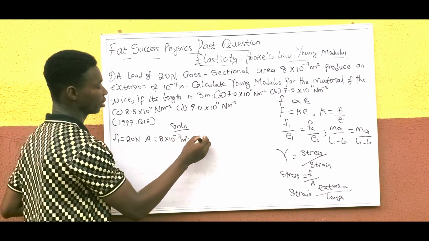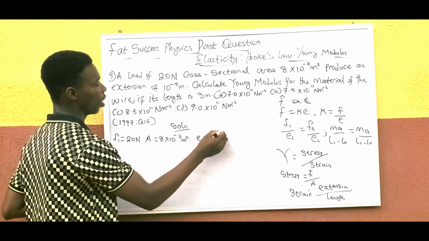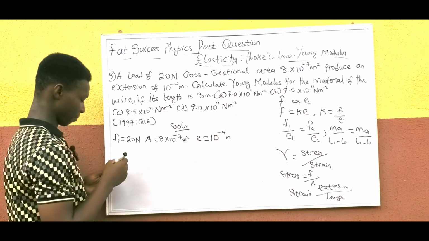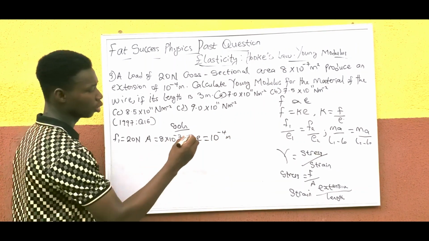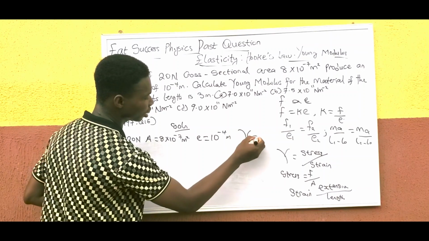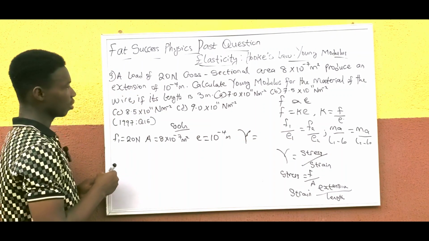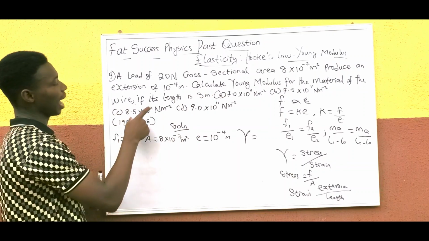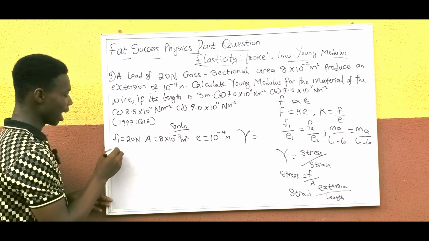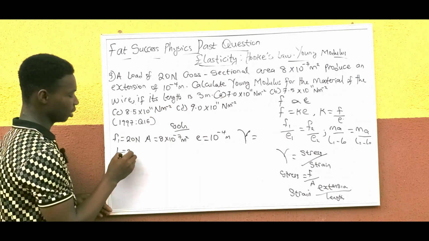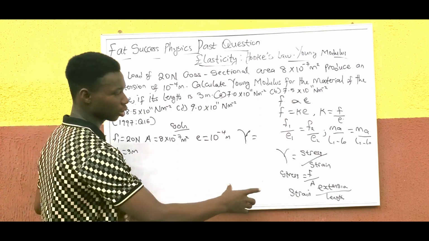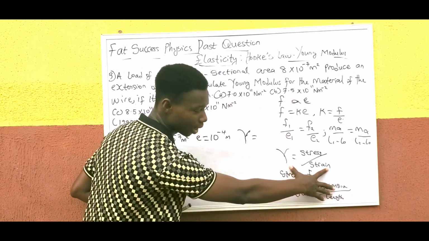We have extension given as 10 raised to the power of minus 4 meters. The Young modulus, whose symbol is Y, is unknown, so you leave it as this. We are also given our length L as 3 meters. The formula for Young modulus, don't forget, is stress all over strain.